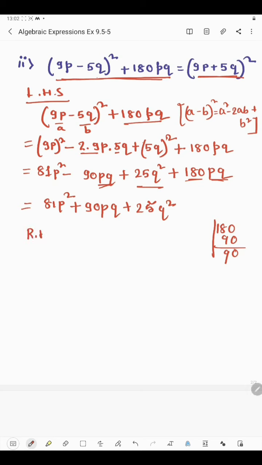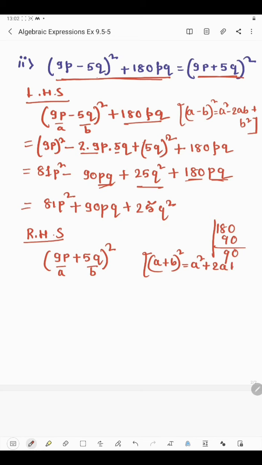Now we will solve the right hand side, which is (9p plus 5q) whole square. This is a and this is b, so this is the (a plus b) whole square identity, which is a square plus 2 into a into b plus b square.